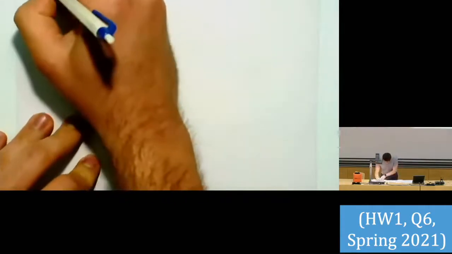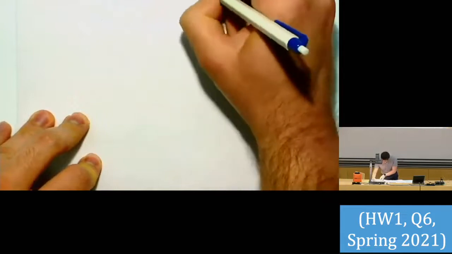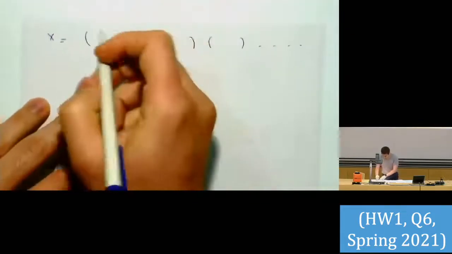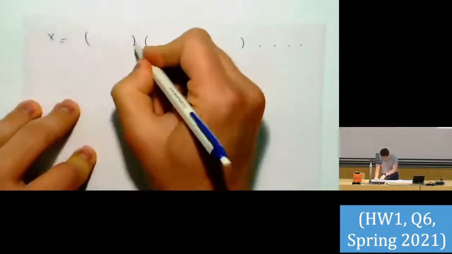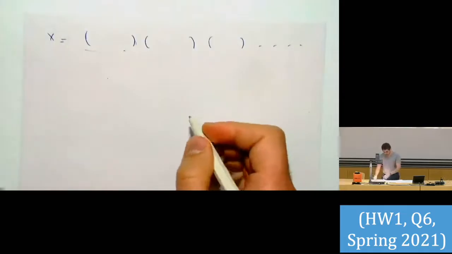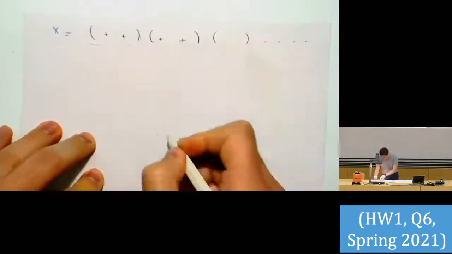What a product of sums is, we have terms, and those terms will be ANDed to each other. This is basically the product of sums, and here I will have the ORs.